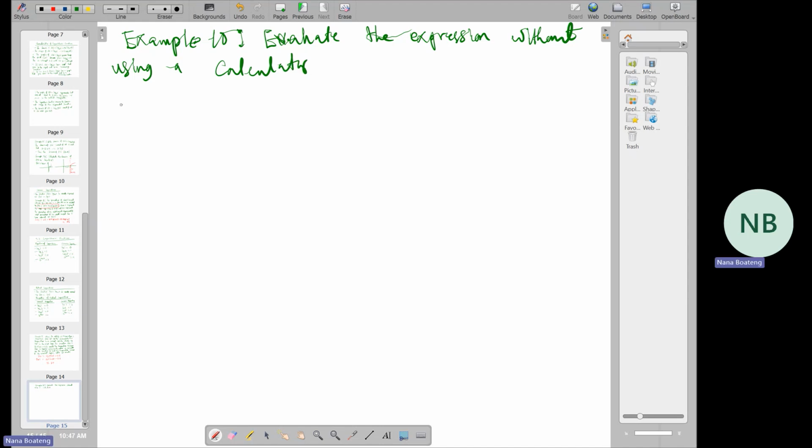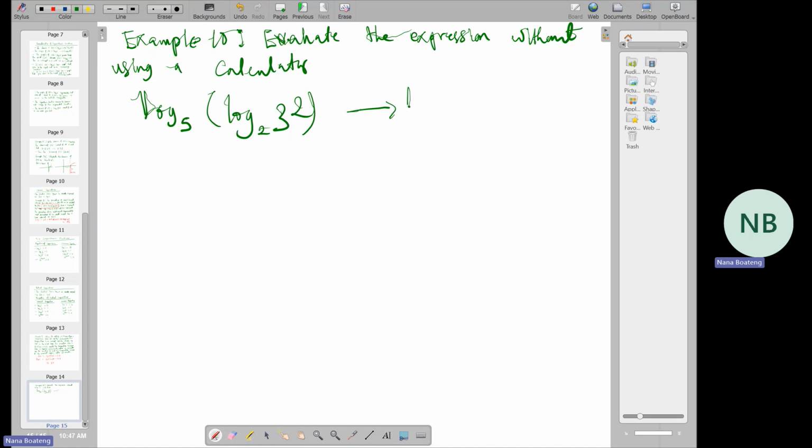So the expression is log to the base 5 and log to the base 2 of 32.